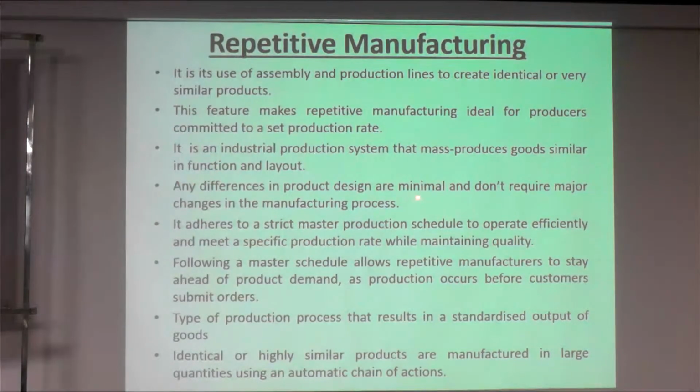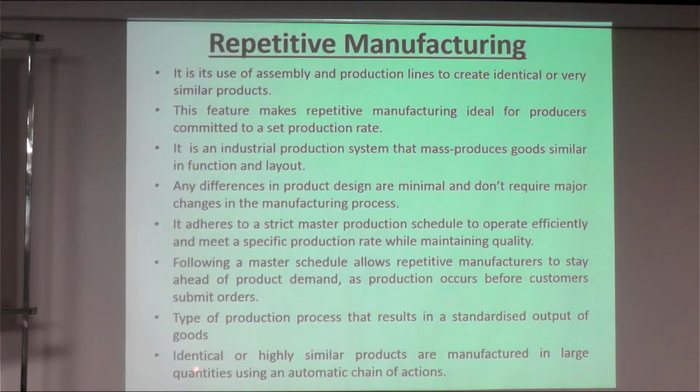Any differences in product design are minimal and do not require major changes in the manufacturing processes. It adheres to a strict master production schedule (MPS) to operate efficiently and meet a specific production rate while maintaining quality. Following a master schedule allows repetitive manufacturers to stay ahead of product demand, as production occurs before customers submit orders.